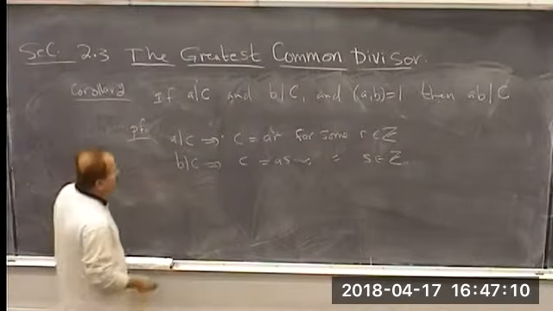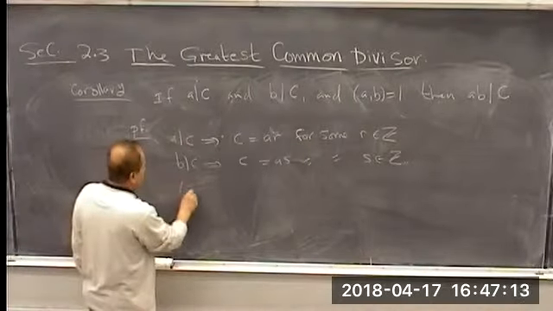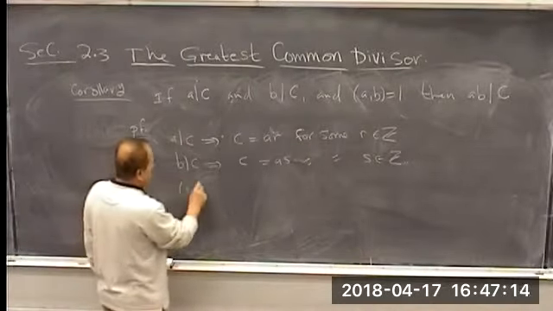We have now one other thing, the greatest common divisor of A and B equal to 1.